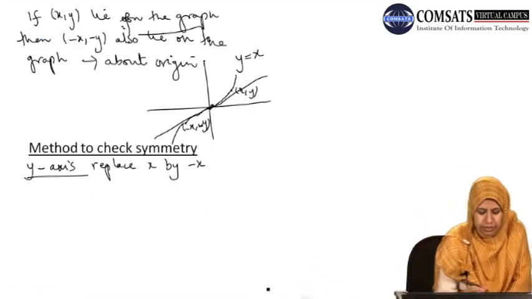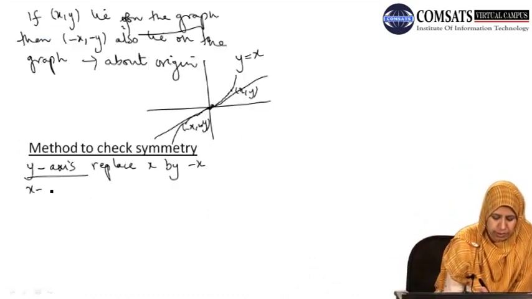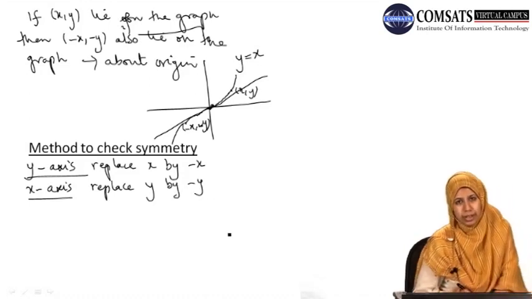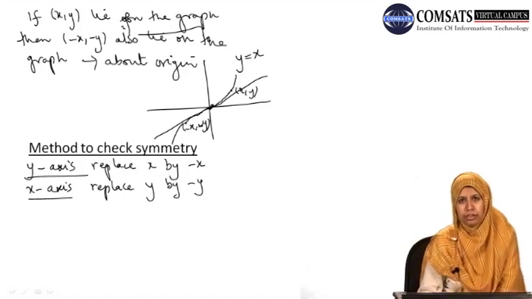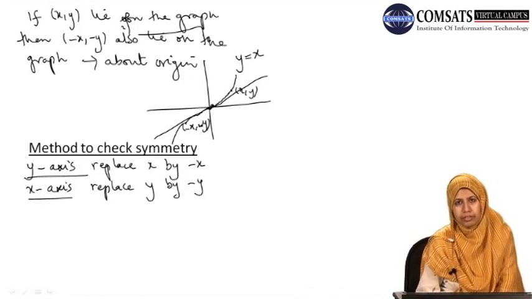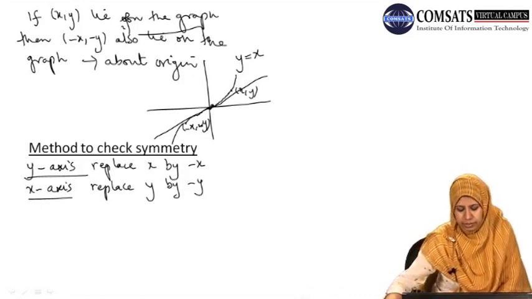Okay, then symmetric about the x-axis. In this case, if we replace our y coordinate by -y and the point still lies on the graph, or we obtain the same value of x, then the graph is symmetric about the x-axis.